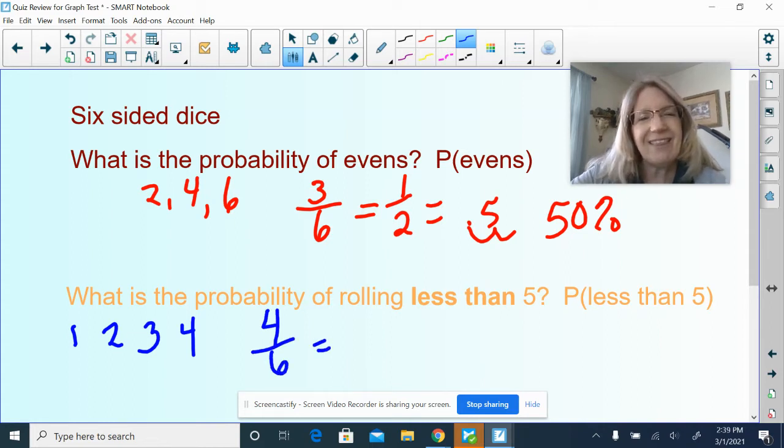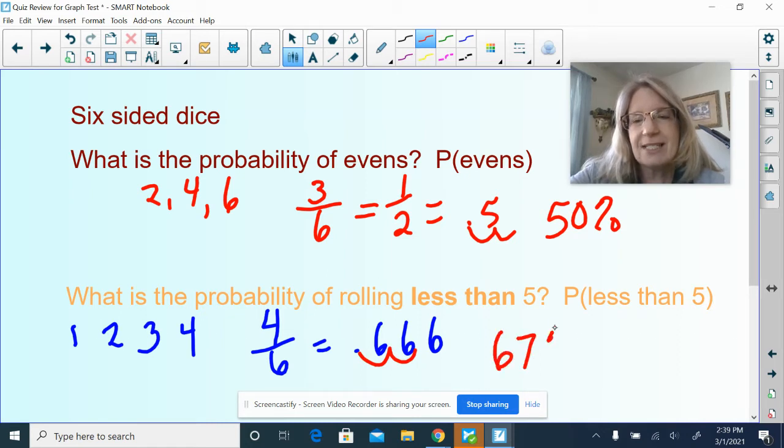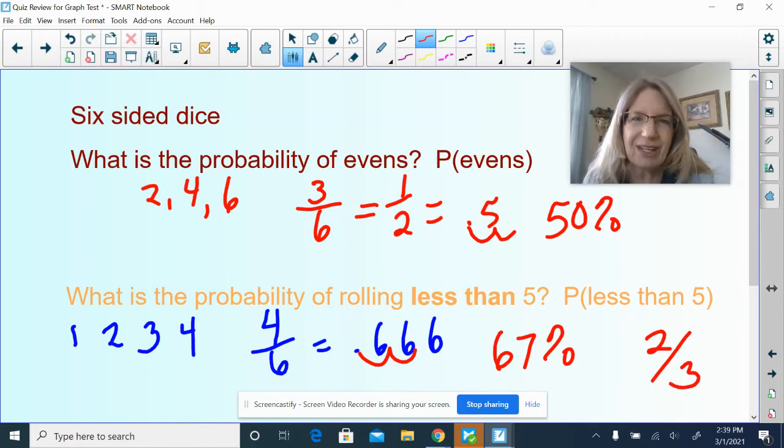And when I divide that, I get 0.666. Move the decimal 2 places to the left, and you'd get about 67% chance. Sometimes if it were IXL, you could have just reduced that 4/6, and IXL might also say just reduce it to 2/3.